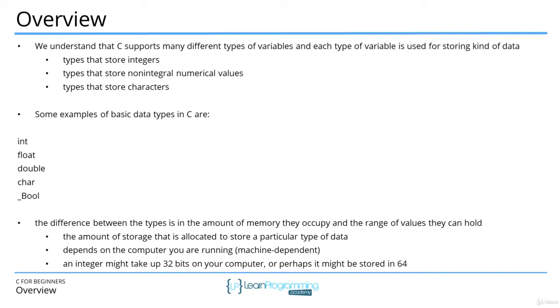So the difference between these types is the amount of memory. That's all specifying the data types is about. It's about the memory that needs to be allocated. And it varies depending on what type of architecture you have. But the memory and the amount is going to determine the range of the values that can be stored. So the amount of storage that is allocated to store a particular type of data is important to the compiler. It all depends on the computer you're running, and this is referred to as machine dependent.